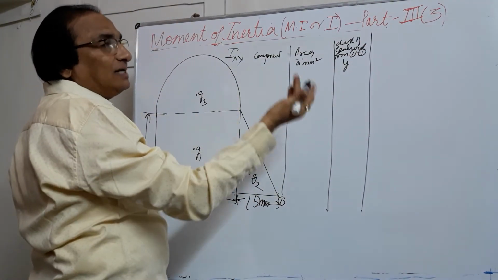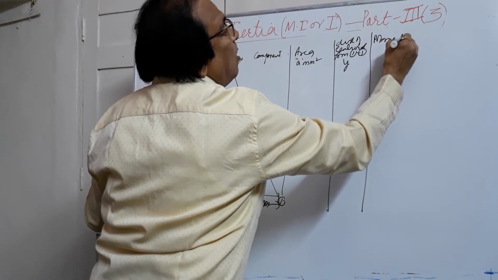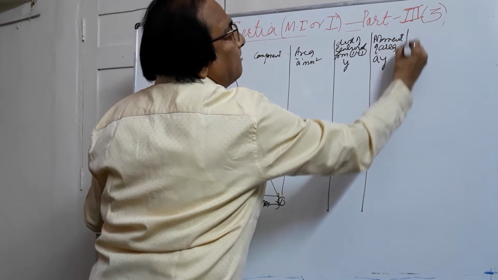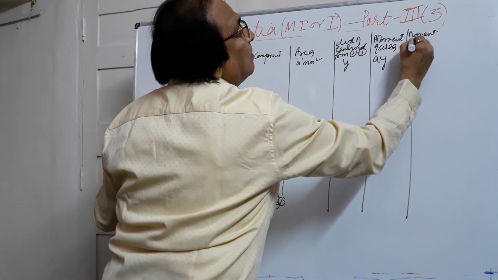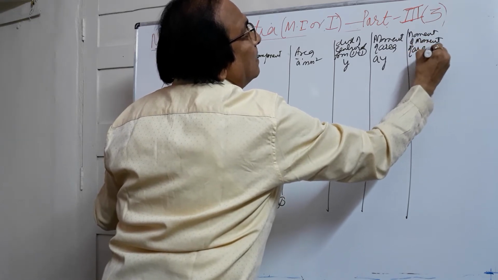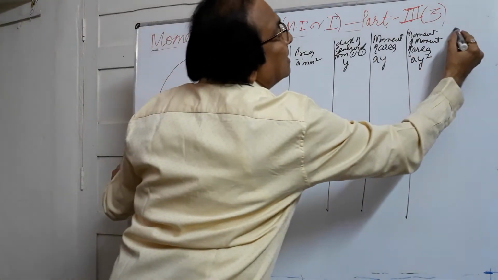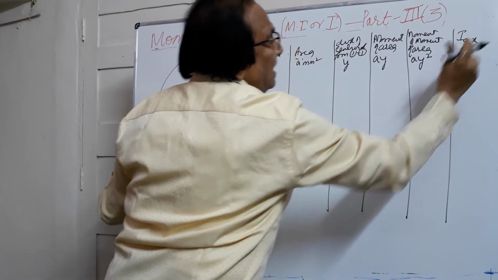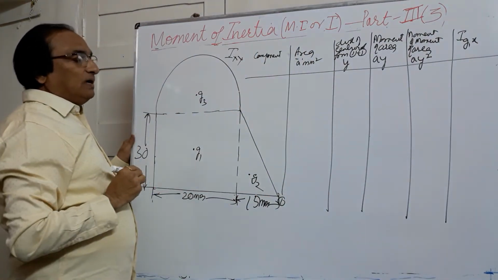Here we want ay², so we'll take the moment of area, which is a into y. Then the moment of area ay gives ay². The last column is the moment of inertia of the component about its own axis. So this is the table we will be drawing. We have divided the figure into 3 components.